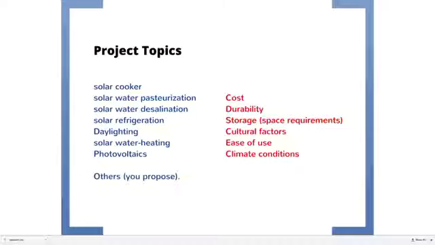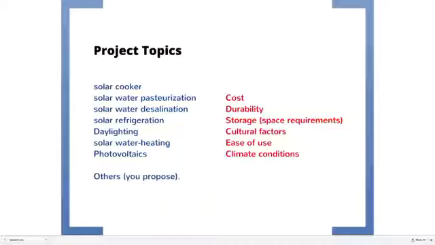Ease of use, of course, that's obvious, and then climate conditions and so on. Maybe you want to deploy something in the Arctic. So how do you deal with the cold, the wind, and so on? Okay, so what are possible topics? Again, just a simple list here that I put together. Solar cookers, these things are pretty common. There might be interesting applications in outdoors, hiking, so things like that, or disaster relief, things like that.